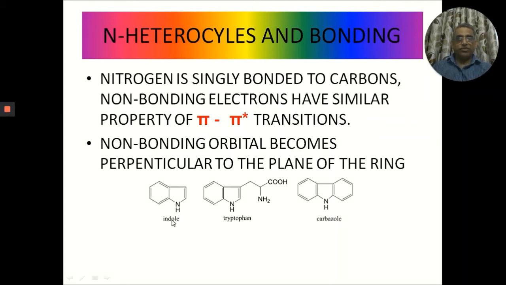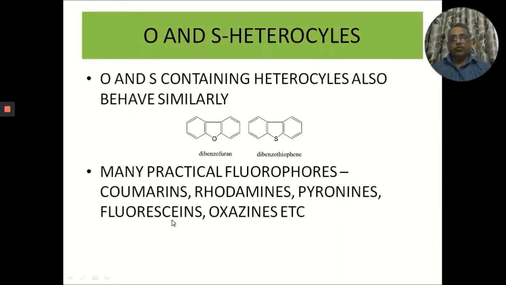Now, if you go for the other heterocycles, homologs of the nitrogen heterocycles, you can think of oxygen and sulfur containing heterocycles. They also behave similar to the nitrogen heterocycles. So you can see the dibenzofuran, thiophene, sulfur analogs. They all behave similarly.